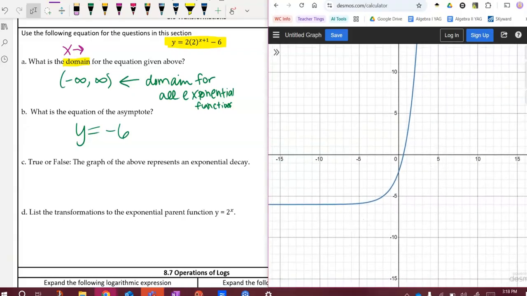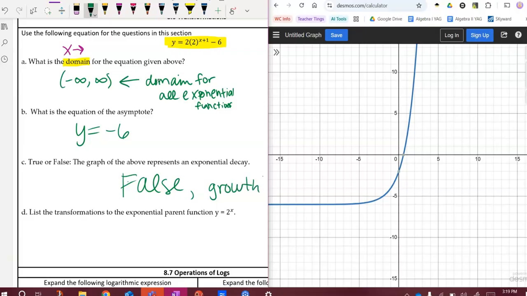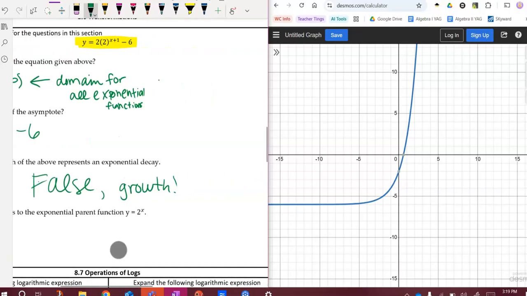Well, this graph is going up, so this is going to be growth, so this is false. So when the graph goes like this, it's growth. And when the graph goes like this, it's decay.